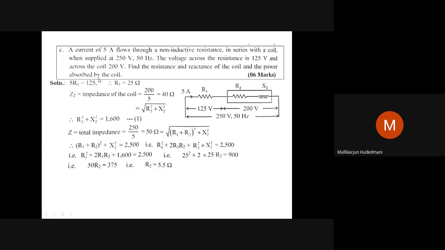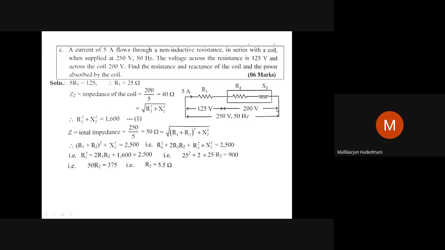It means the scenario is a non-inductive resistance, like R1 here, in series with a coil. A coil is nothing but an impure inductance, so it has an impurity resistance and an inductance part, supplied by 250 volt, 50 hertz. As well, the voltage across the external resistor observed is 125 and the voltage across the coil is 200.